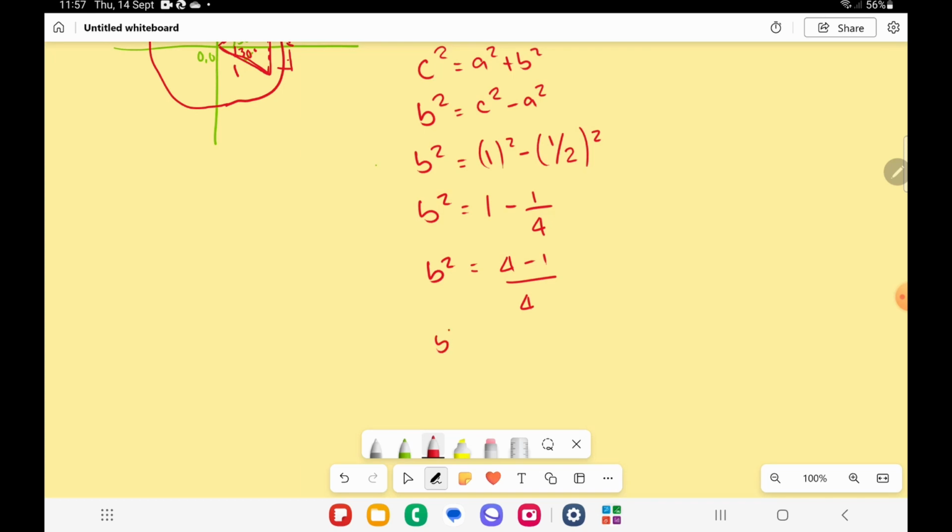Therefore, b squared is equal to 3/4. Therefore, b is equal to square root of 3 over 2. And that's the end of my lecture. Thank you very much.